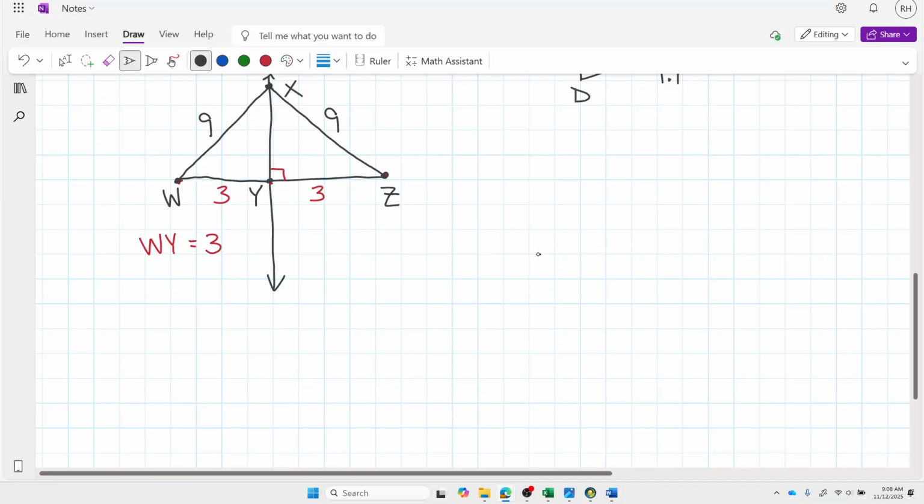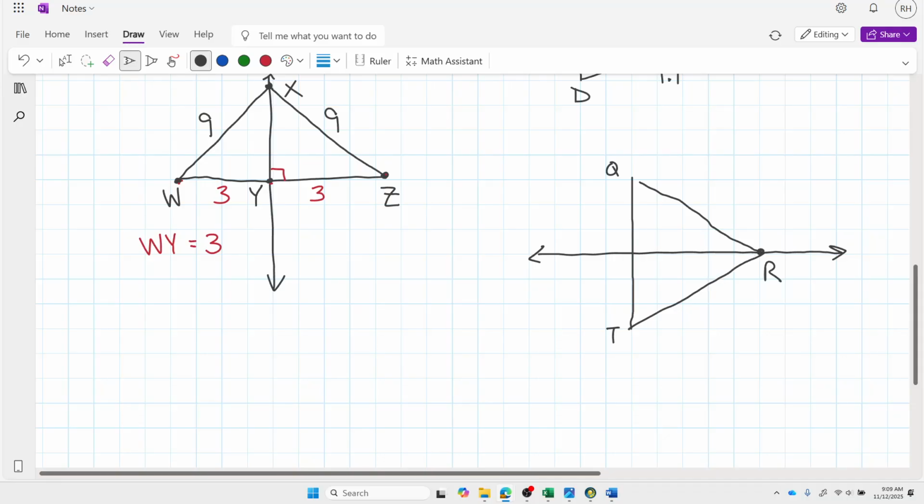So let's do one more. Got a horizontal and then a vertical QT. Point R is up here. And then Q to R and T to R. Point S, a 90-degree angle, and 2 congruent segments.